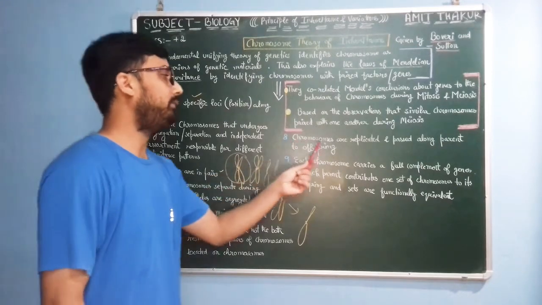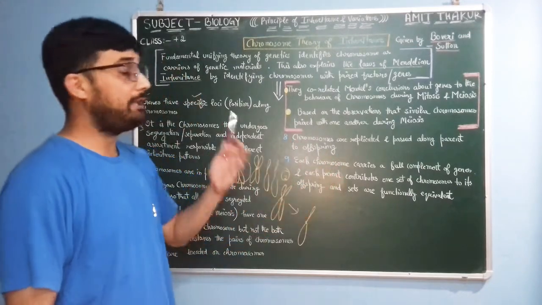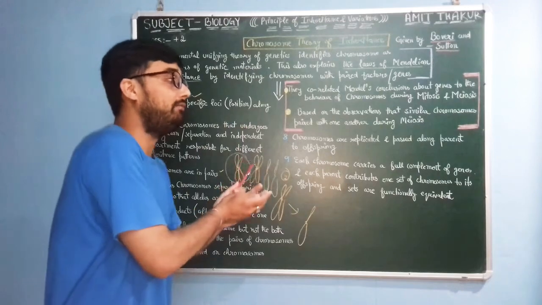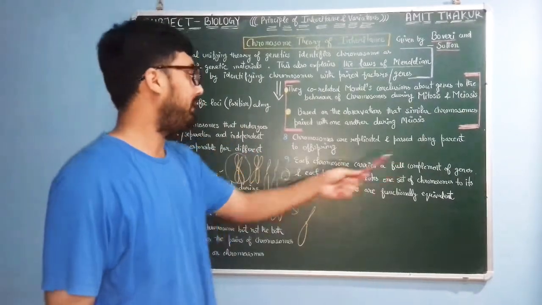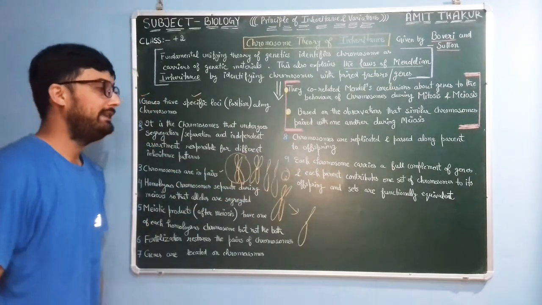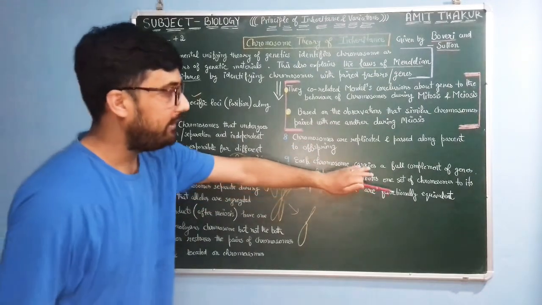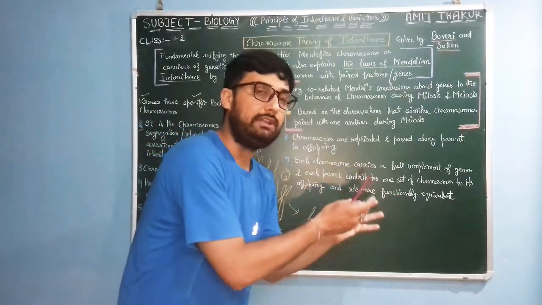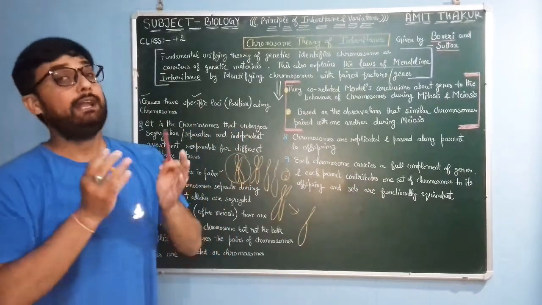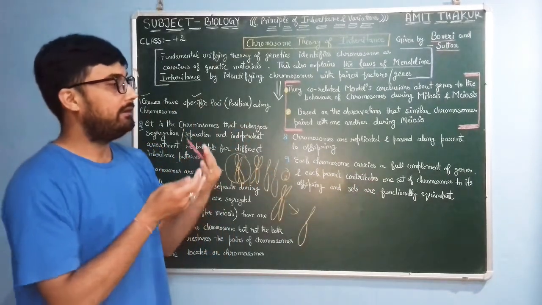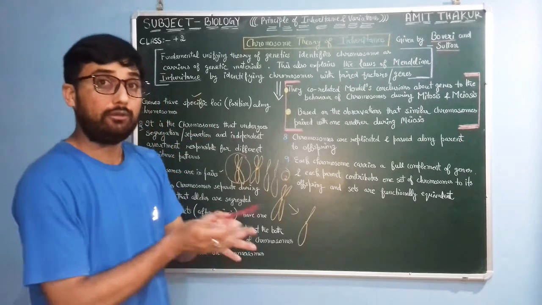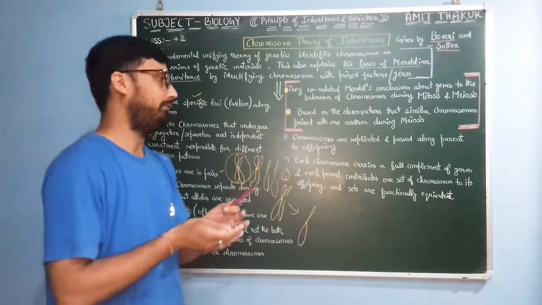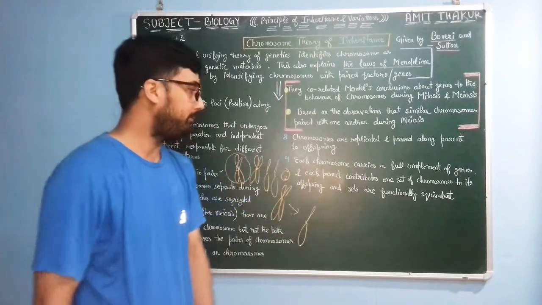Then the chromosomes are replicated. Actually, it is DNA which is replicated and passed from parent to offspring. Each chromosome carries a full complement of genes. Genes are present all along the chromosomes at different locations, responsible for different traits and characters.